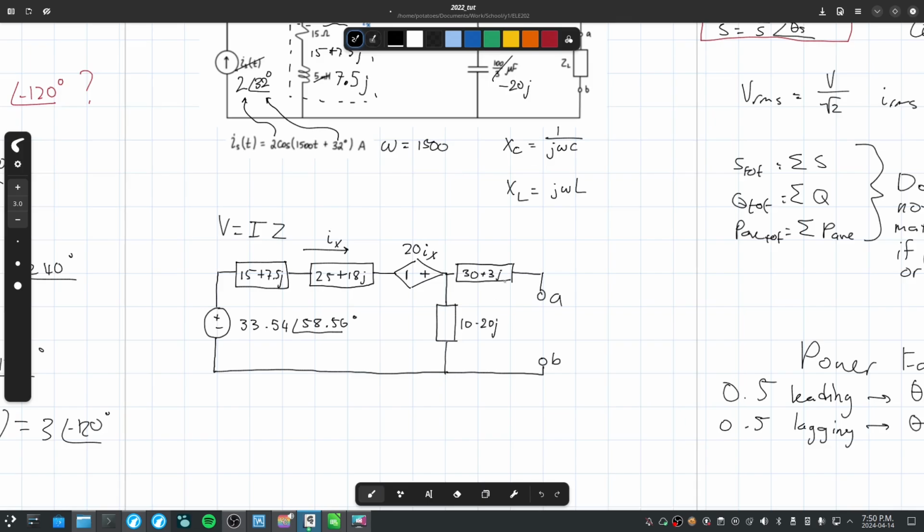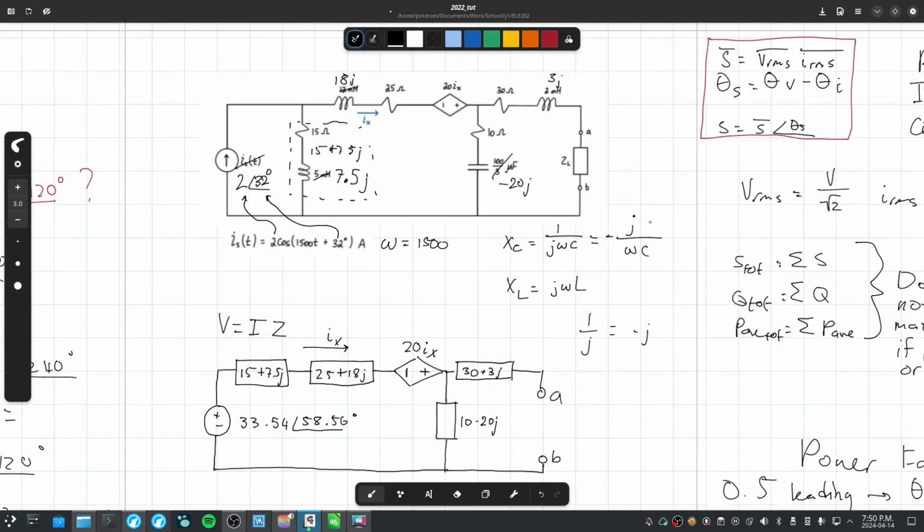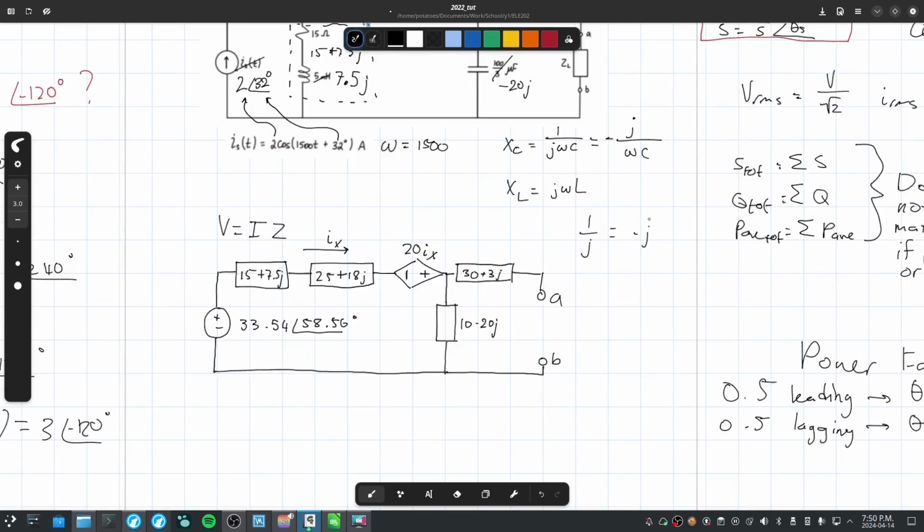This is how to convert henrys to imaginary units. 1 over JωC, the alternative equation is negative J over ωC. Those two are the same thing. If you put it in your calculator, 1 over J is equal to negative J. Passive convention only applies to voltages.